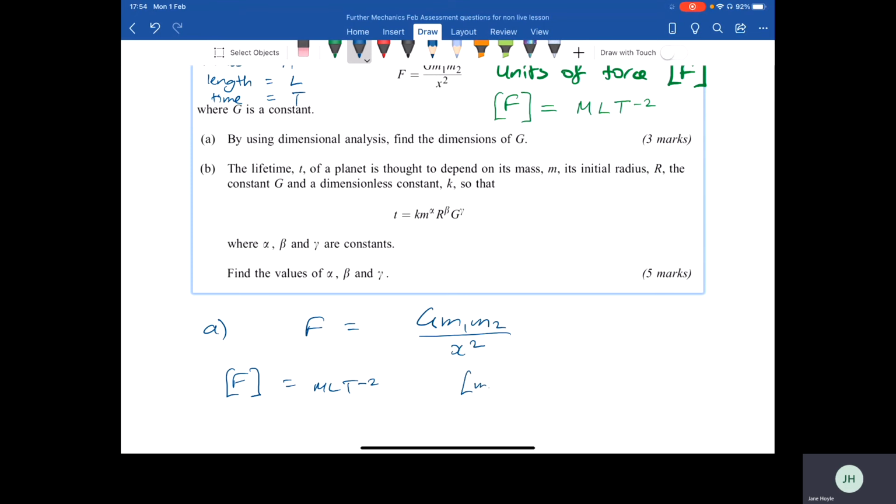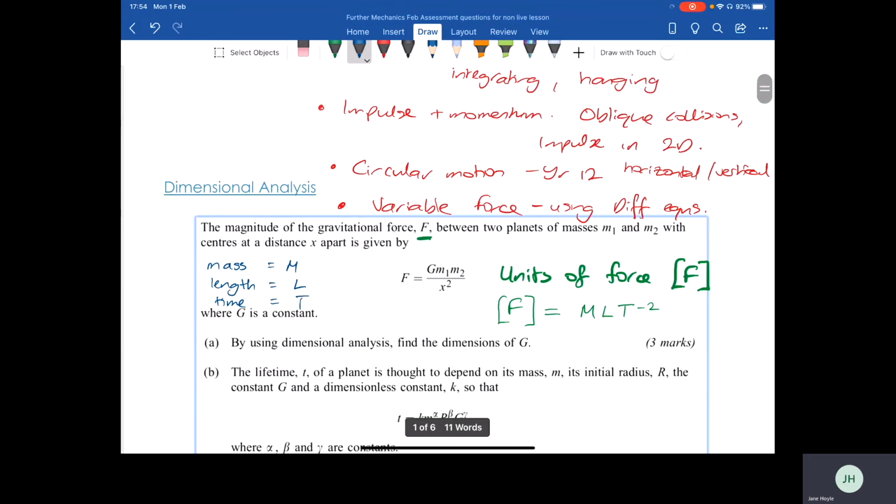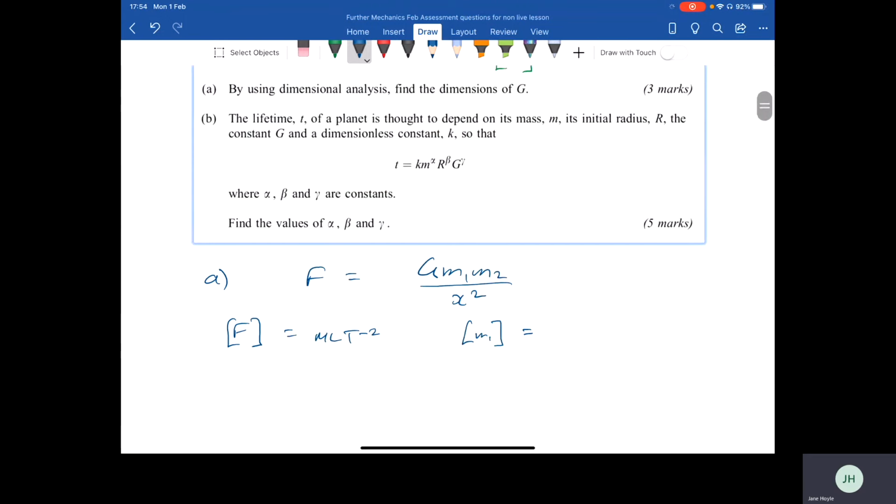I've also got an M1 there. I believe M1 was a mass, yep, a mass of a planet. So M1 has got dimension M. M2 has also got dimension M because that is a mass, and the dimension of X, well, it's the length.